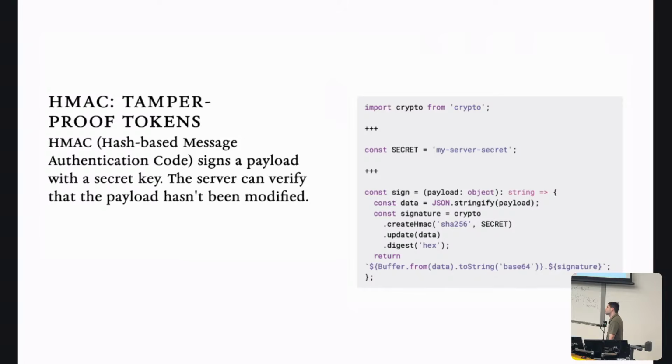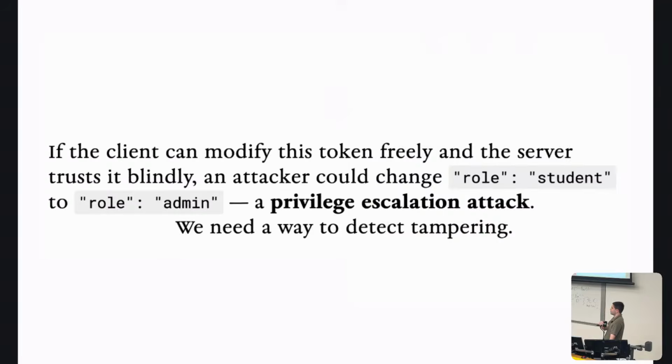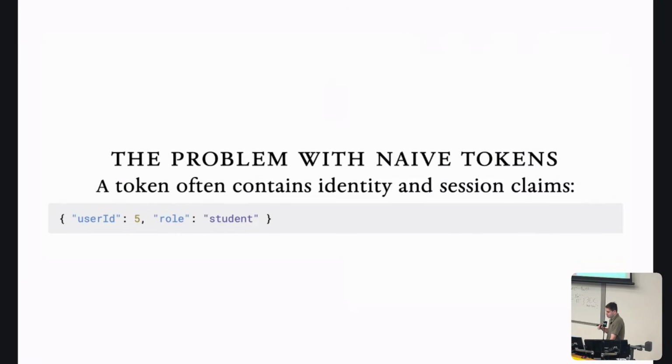Why don't we just not send the level of access in the token? Okay, so I think what you're saying is, could we just use the ID of the user, check it in the server somewhere to get the role? And you don't need to transmit it. Is that what you're sort of suggesting?